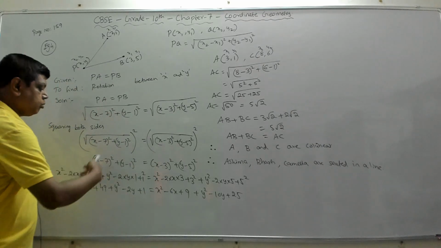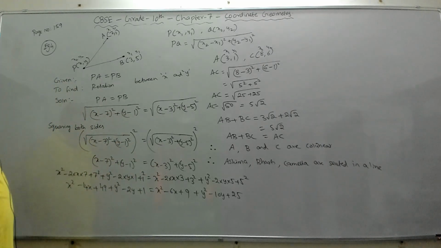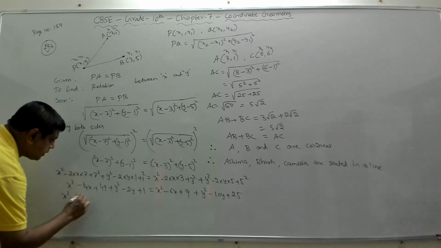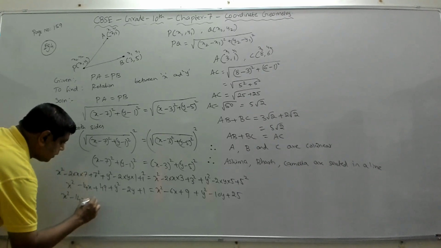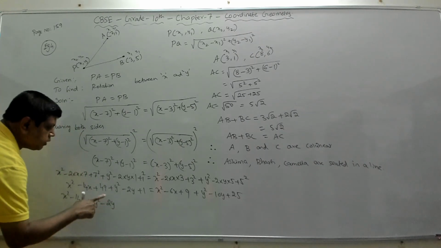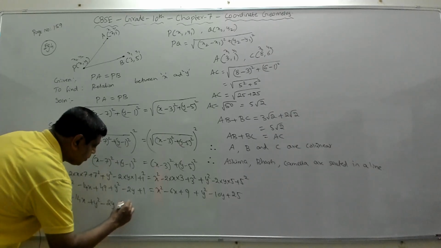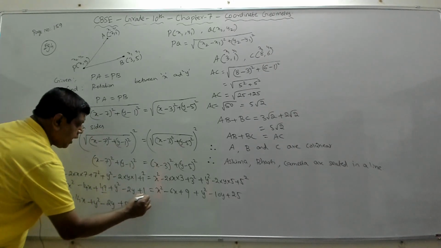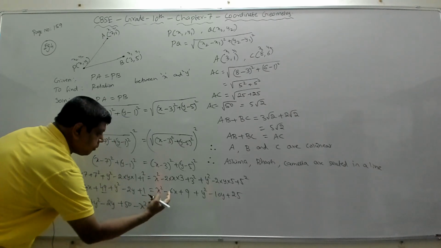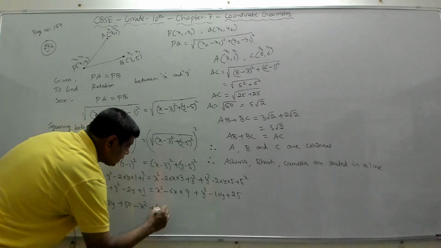Now bring everything to the left hand side. Bring everything to one side. So you have x square minus 14x, then plus y square, minus 2y, then 49 plus 1 is 50, so it will become plus 50. Then I am bringing this x square here, it will become minus x square. Minus 6x will come, it will become plus 6x.